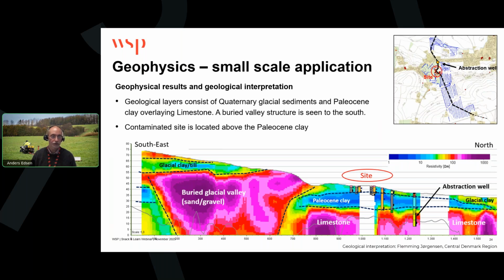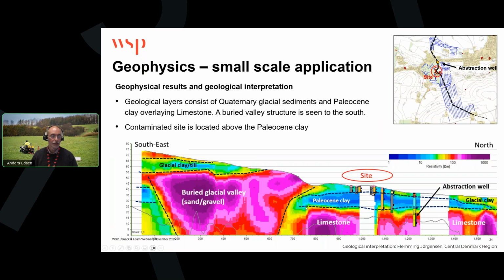These geophysical results were geologically interpreted by the client, which is Central Denmark Region, by geologist Flemming Jørgensen, well known to the Danish participants in this talk, I guess. It's stated that the geological layers on top represent Quaternary glacial sediments, and the Paleocene clay comes out in these bluish colors.